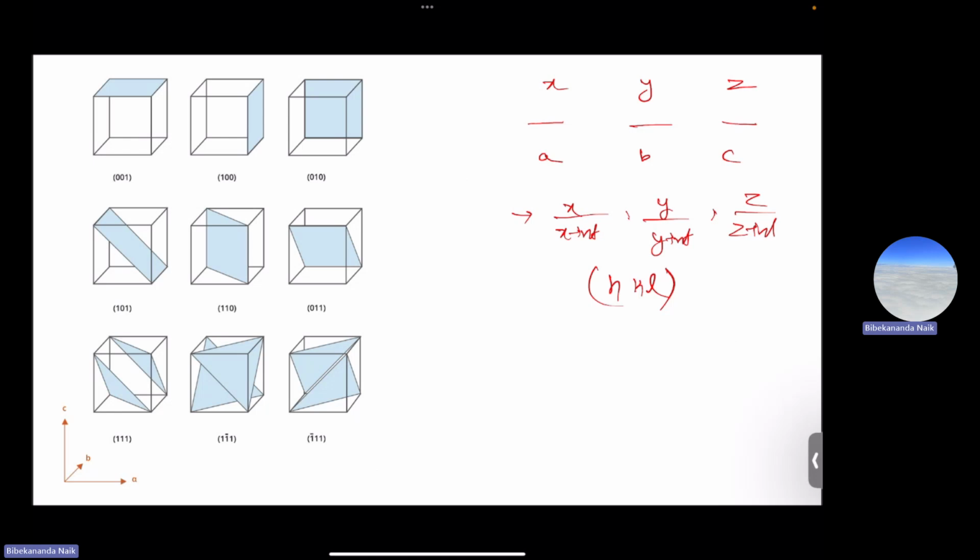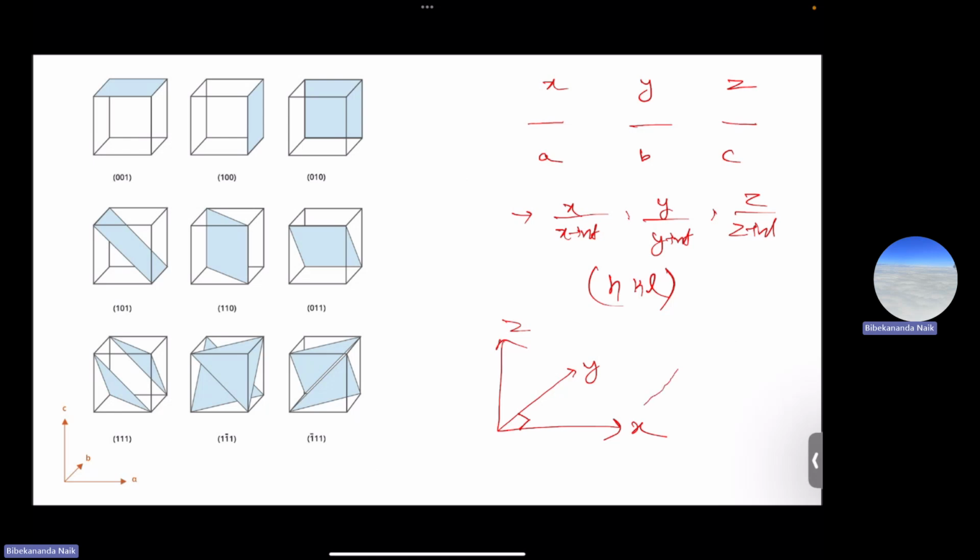And there are a few examples. Suppose this is the x-axis, this is the y-axis, and this is the z-axis, where the angle between x and y is 90 degrees, between x and z is 90 degrees, and also between z and y is 90 degrees. If you see this particular picture, this plane is parallel to the x-axis and y-axis.